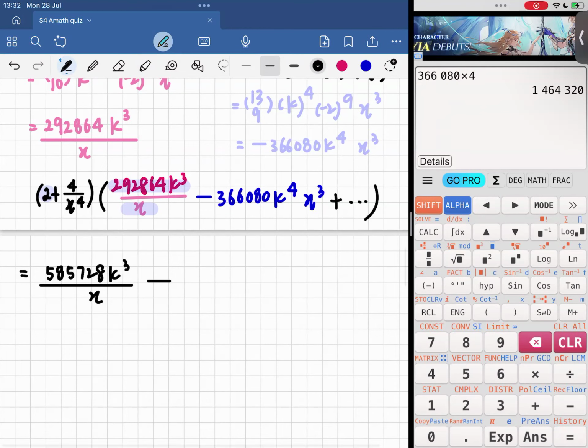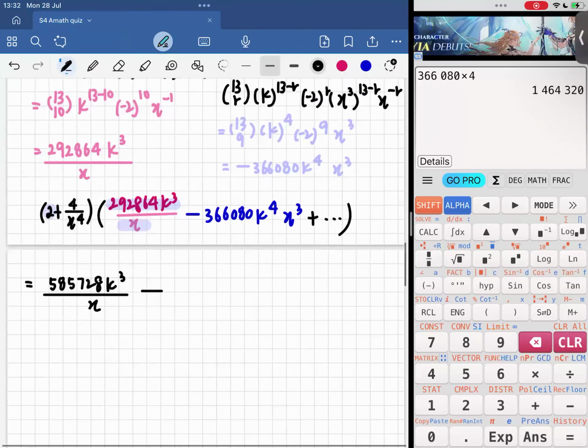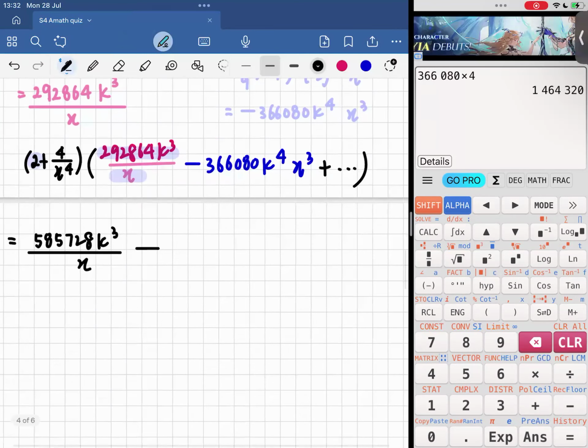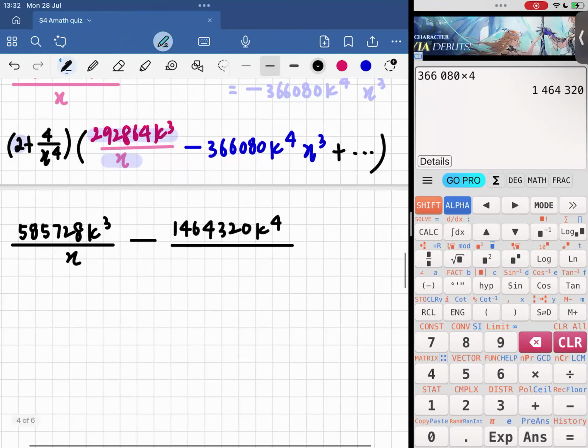Yes, it's 4. This one here will give me 1464320 k to the power 4 over x, because x cubed times x to the power negative 4. Then plus dot dot dot.